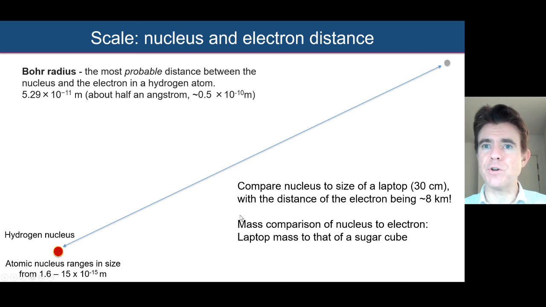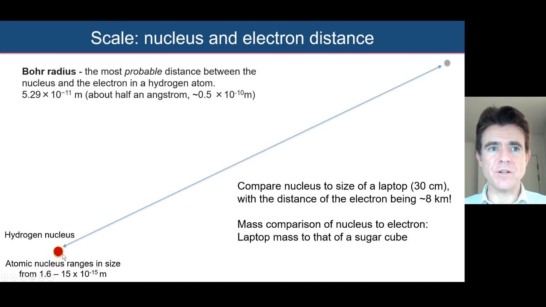So let's take a look just to try and comprehend this. Maybe you can do your own comparison. This is the one I chose. I compared the size of a nucleus to the size of my laptop that I'm recording this video on, about 30 centimeters, if we take one dimension of the laptop. Then I looked at an atomic nucleus of size 1.6 up to about 15 times 10 to the minus 15, so something around 10 to the minus 15.